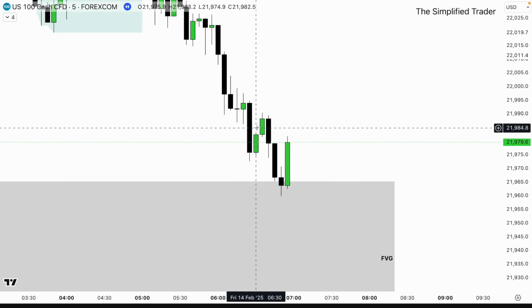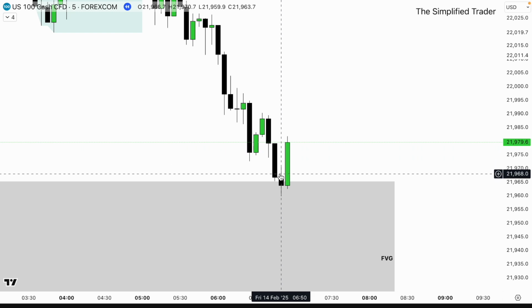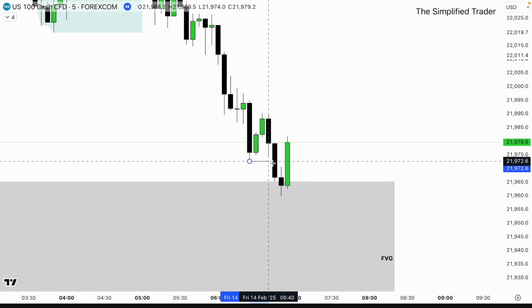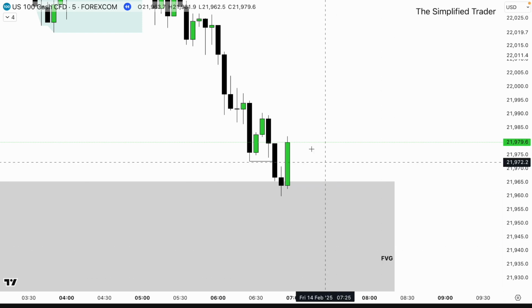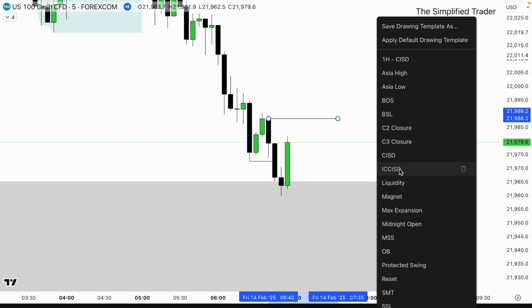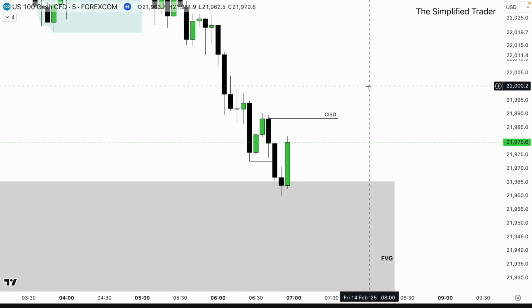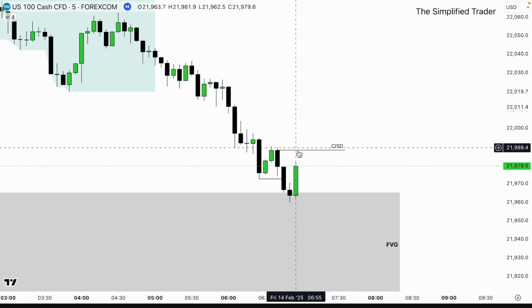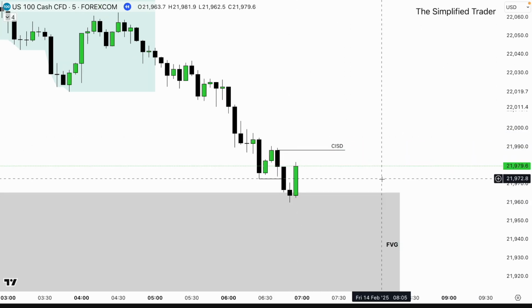Remember, we have 1, 2, 3 consecutive down close candles that also took out a liquidity pool. As soon as we close above these down close candles, that becomes my valid change in the state of delivery. So we are just waiting for price action to close above and form this order block.